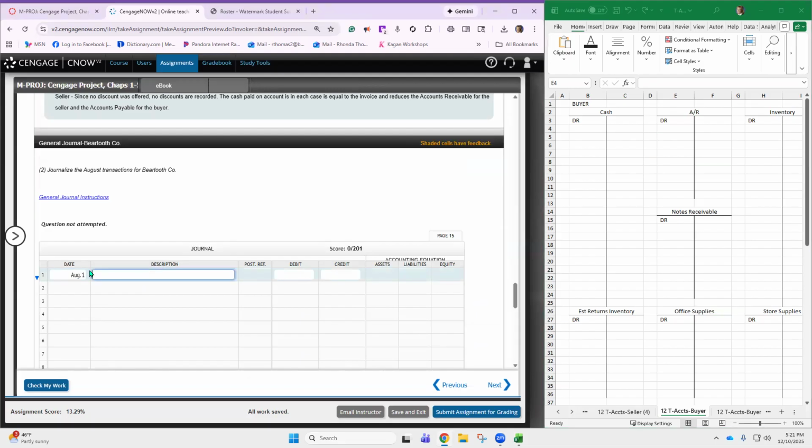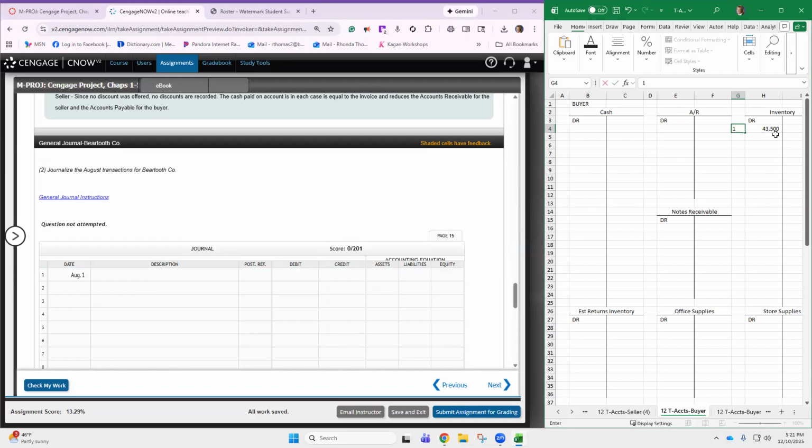Okay, so maybe this will help now. All right, so what did we do? We have inventory coming, right? So inventory is going to go up by $43,500, and this is from the buyer's point of view.